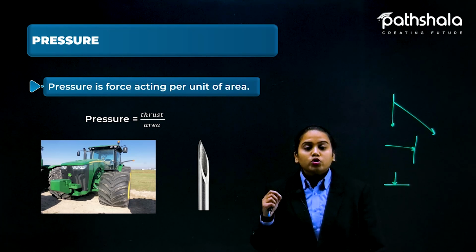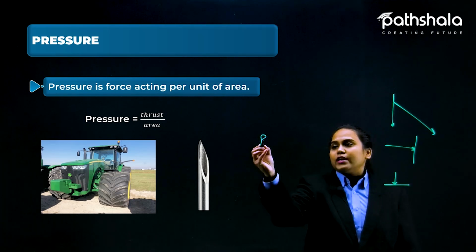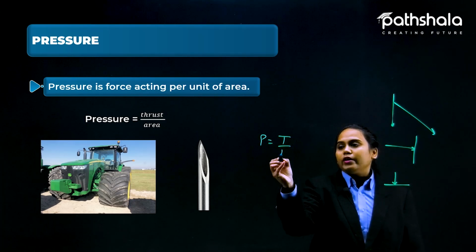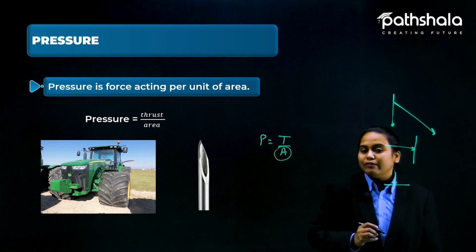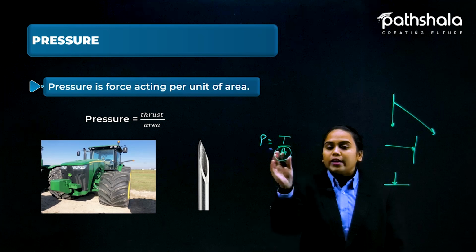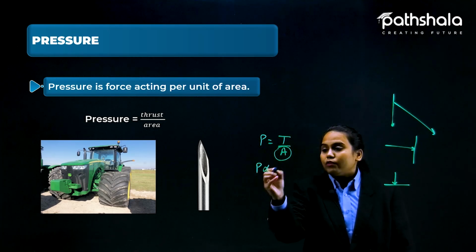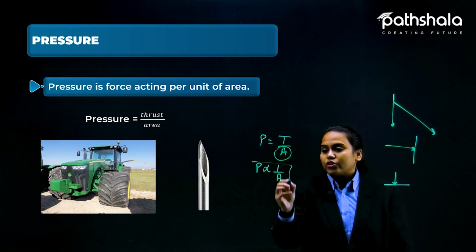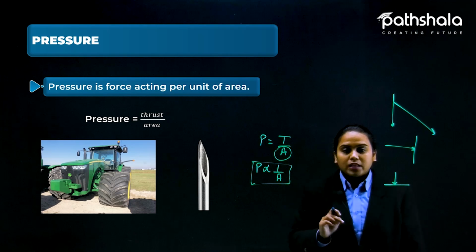So students, according to the formula, pressure is equal to thrust upon area. This area part plays a very vital role. What is the area doing here? It is inversely proportional to the pressure.